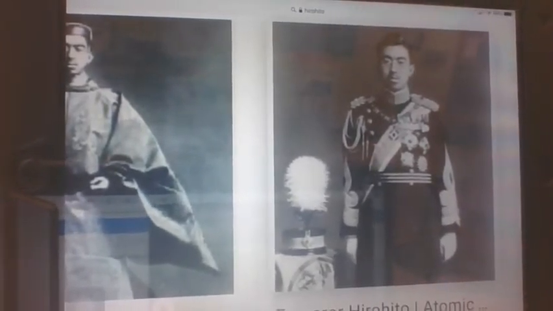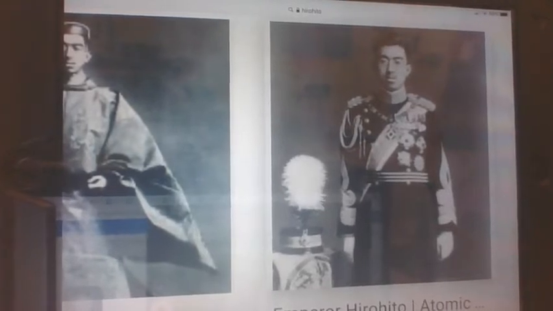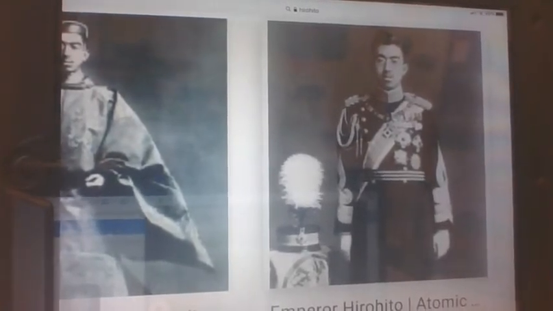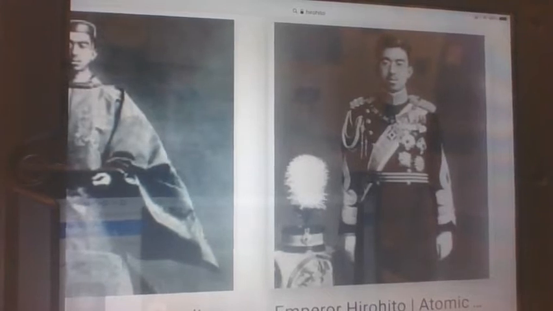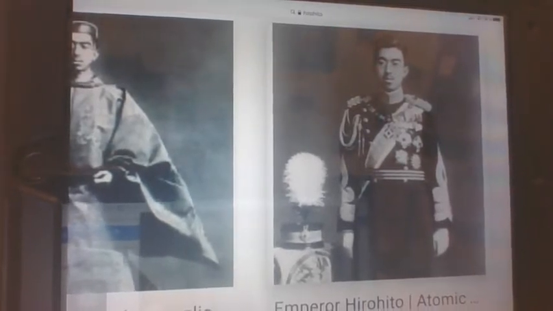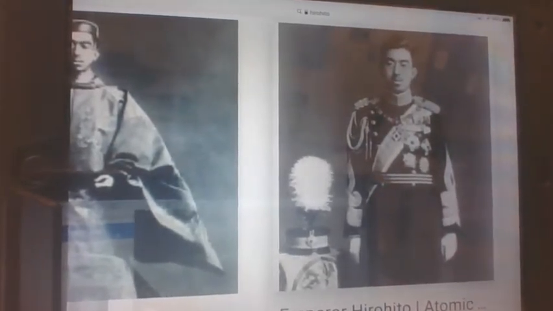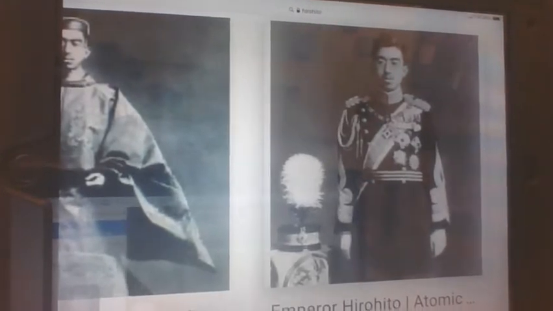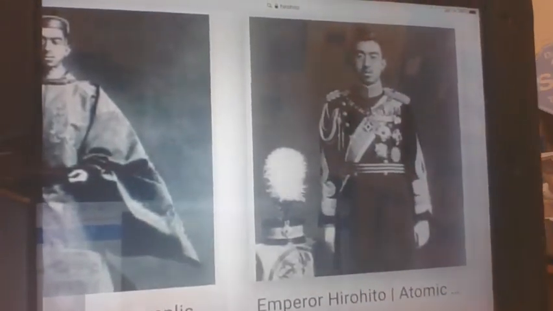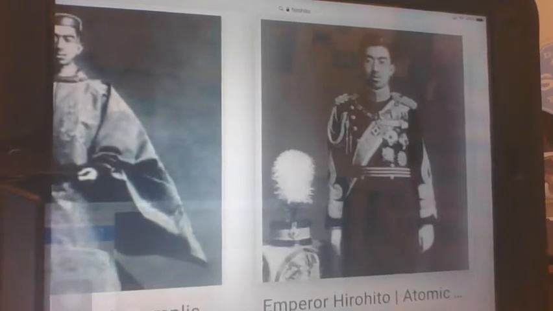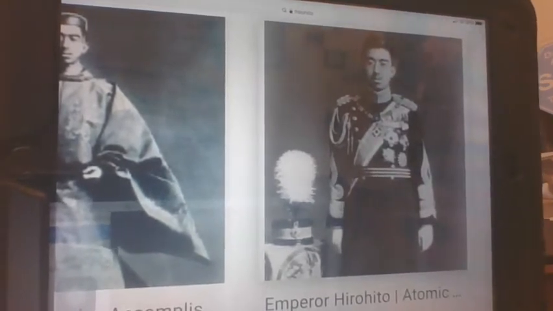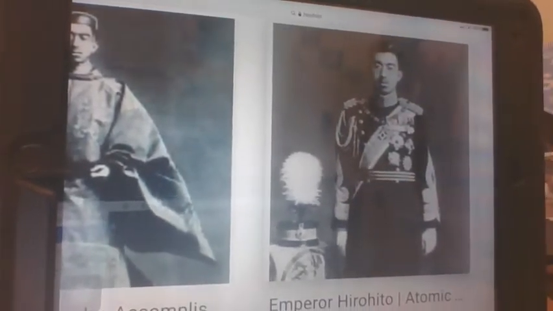And of the state of Japan, he was the emperor from May 3rd, 1947 until he died January 7th, 1989. So he was the emperor at the time World War II is going to start.